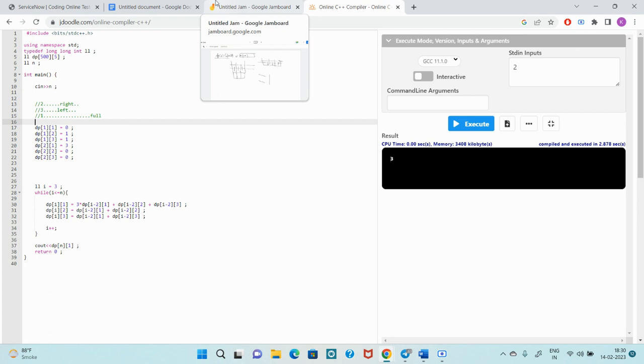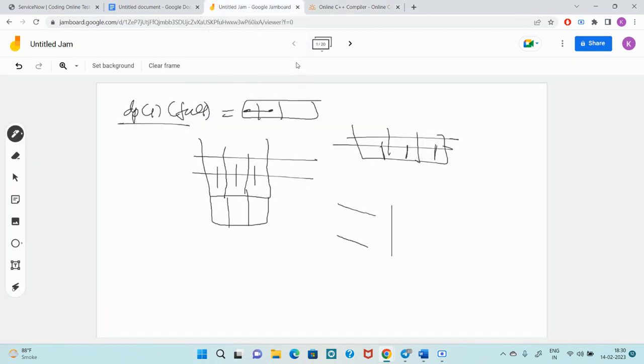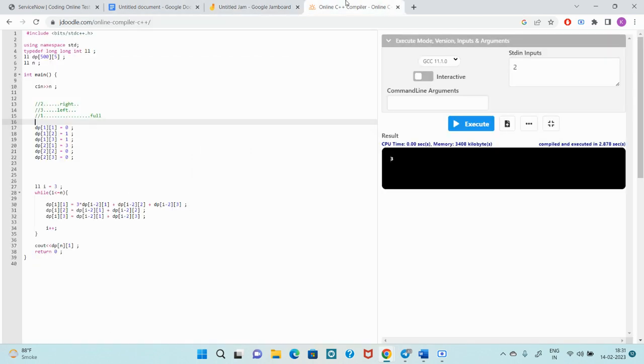What is the meaning of DP of 1 of 2? DP of 1 of 2 means there is a bump. Okay, let me check. So we are always focusing on this thing.